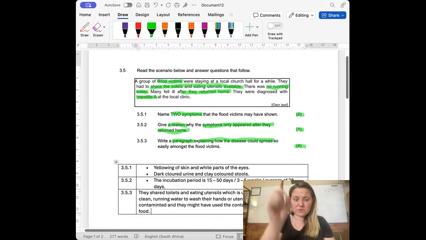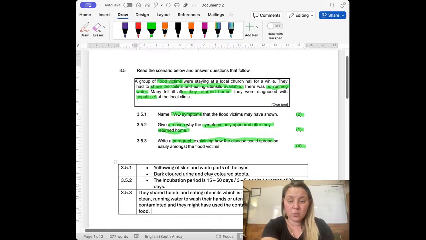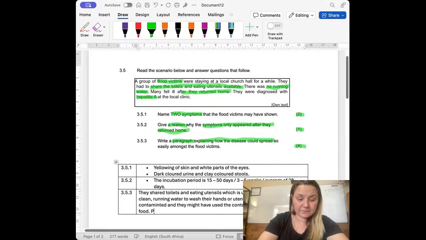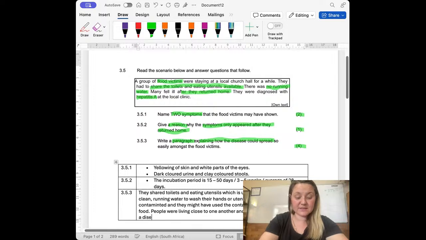Then I also see here again, they were staying at a local church hall for a while. That means that there was loads of people living in a small area. So people were living close to one another, and that makes the spreading of a disease much easier.